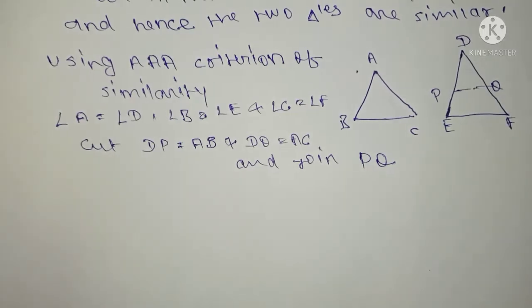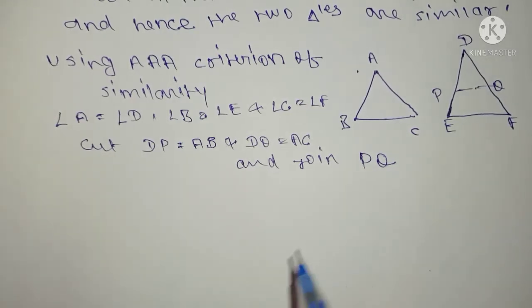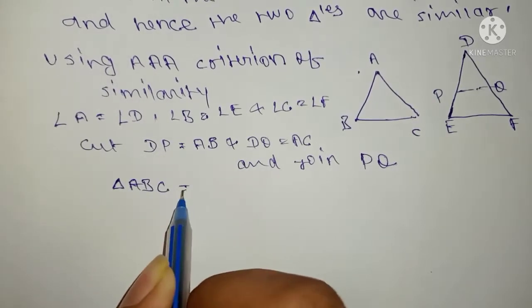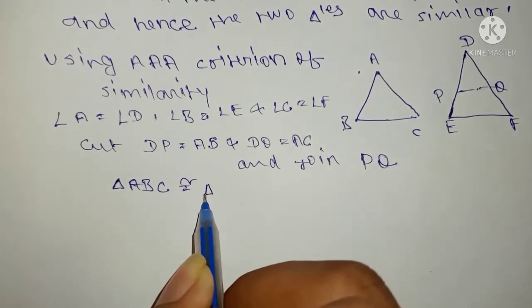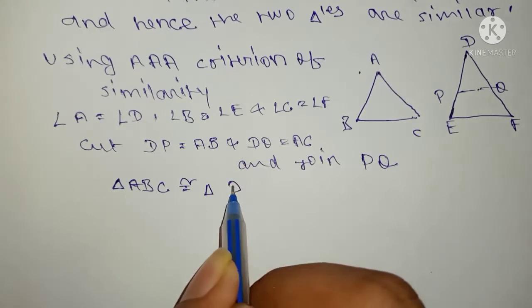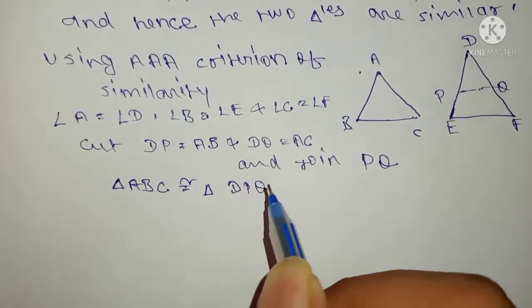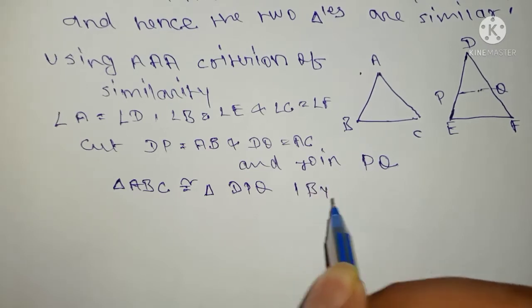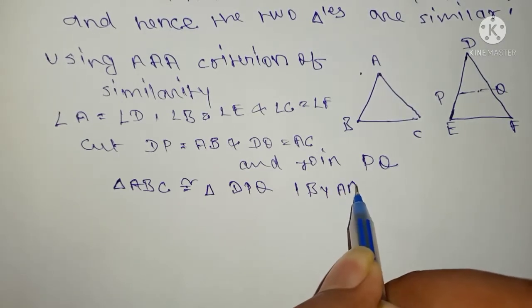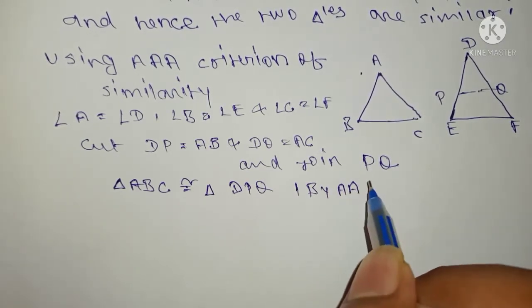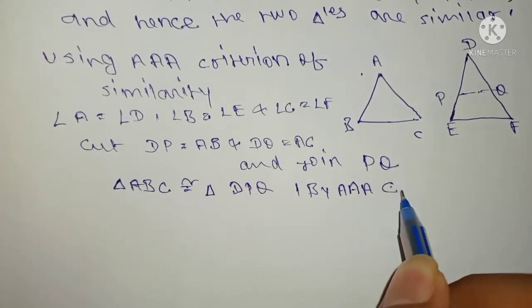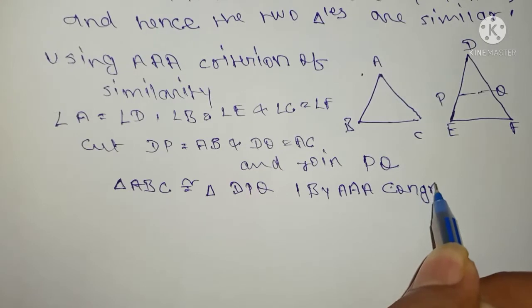Then triangle ABC is congruent to triangle DPQ, by AAA congruency.